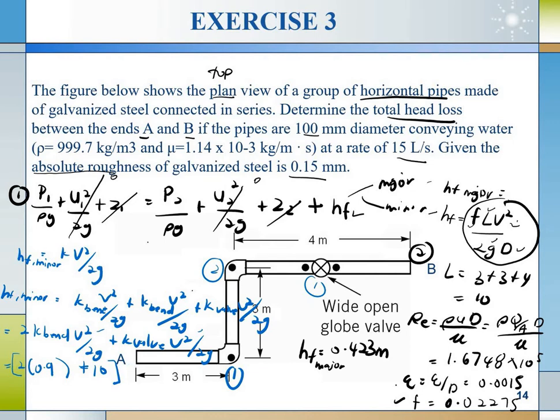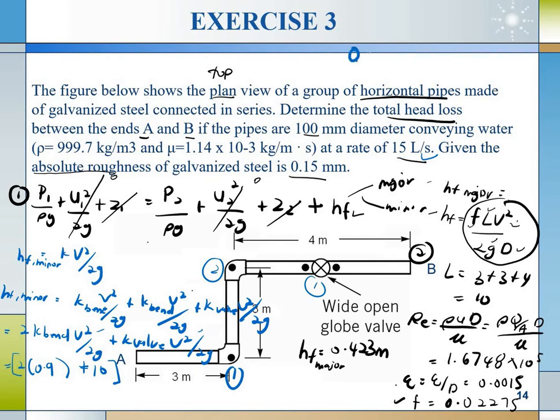So V squared here, we have a Q. Please remember to change the Q to the SI unit, which is meter cube per second.